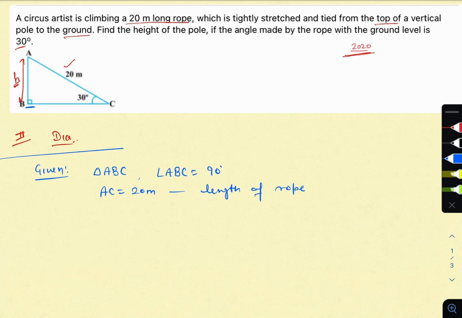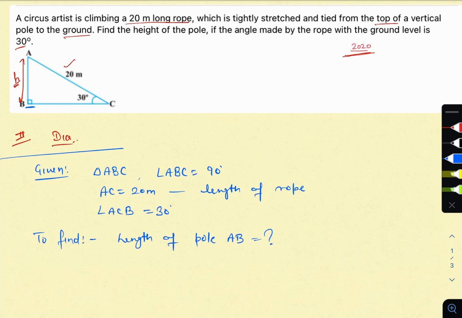And the next thing given is that angle ACB is equal to 30 degree. This is the angle between the rope and the ground level. So these are the given things, and the next thing we have to find out. So you can write, to find the length of pole, and in this figure the pole is represented by the side AB of the triangle. So you can write like this here.